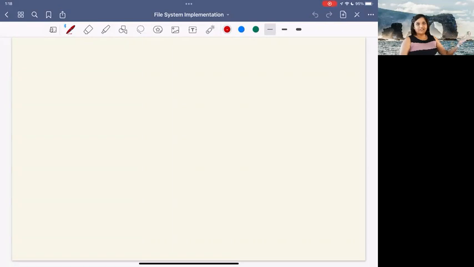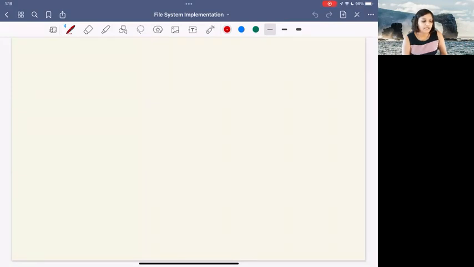Who knows? You could get a new idea over which you could invent the best performing file system for our future storage, right? So let's jump into our task.